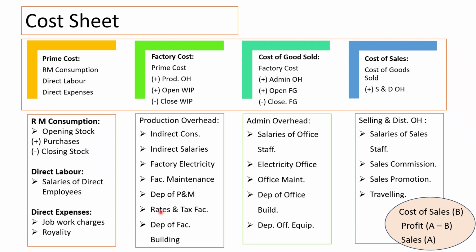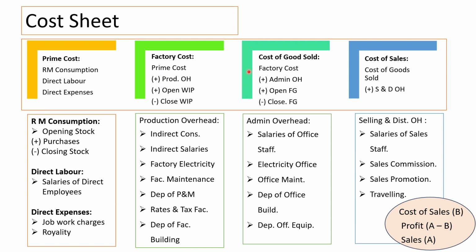These are all factory overheads. If we add these factory overheads to the prime cost and add opening value of semi-finished items, that is opening WIP, and less closing value of semi-finished items, that is closing WIP, you will get factory cost.